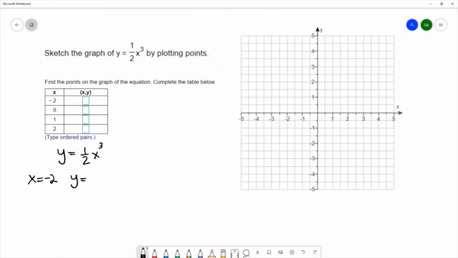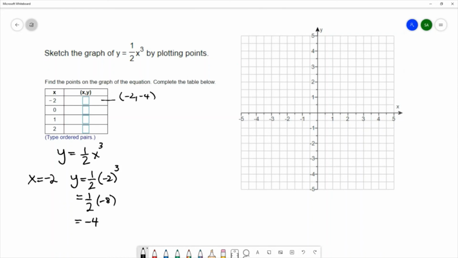So we're going to substitute in -2 for x, and then work out what the y value is. -2 cubed is -8, and half of -8 is -4. So right here we would write -2, -4 as the ordered pair.